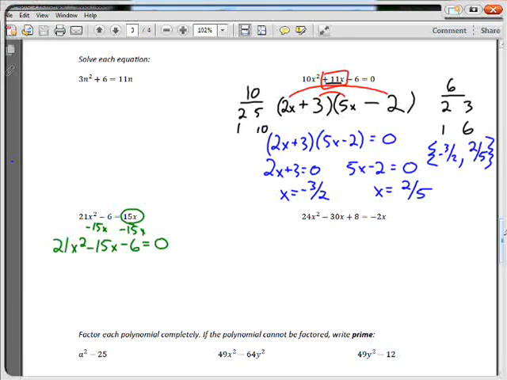If you look at 21x squared, 15x, and 6, you should recognize that they have a 3 in common. So if I factor a 3 out, I'm going to be left with 7x squared minus 5x minus 2 equals 0. That's going to make it a lot easier to factor because now I don't have to deal with all the other factors of 3.